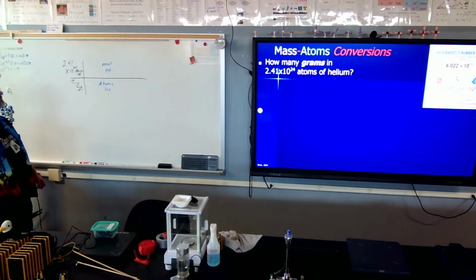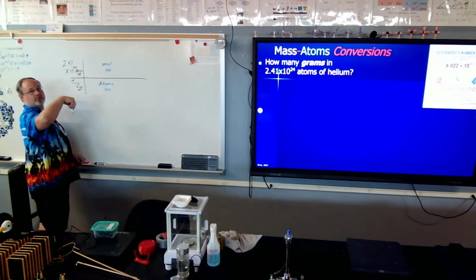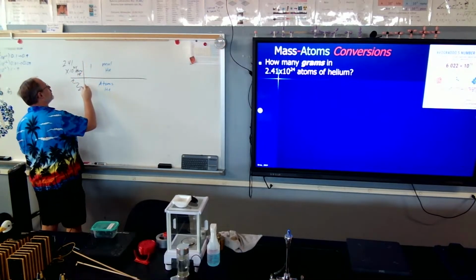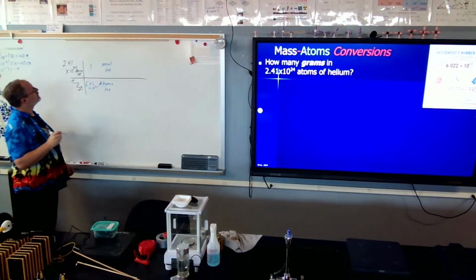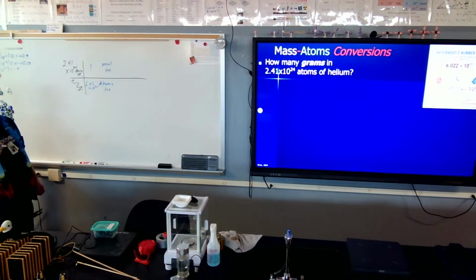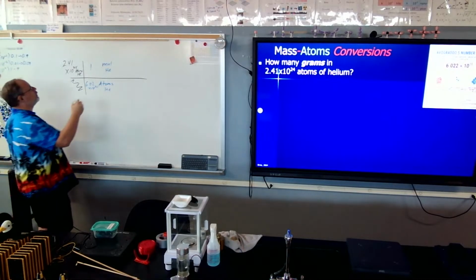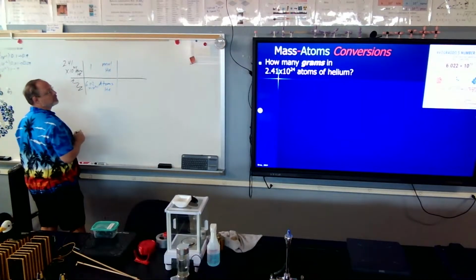which we can do. We know that anything to atoms is going to be 1 mole, 6.02 times 10 to the 23rd. The current unit is moles of helium. Is that what we want? No. So we simply make another box.